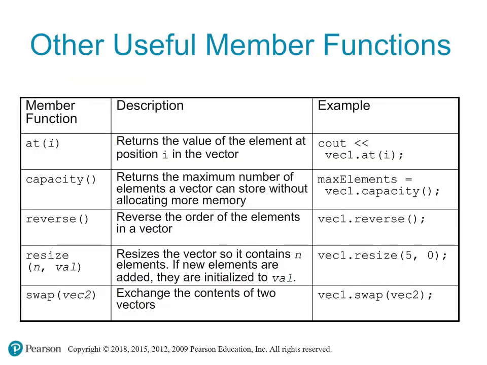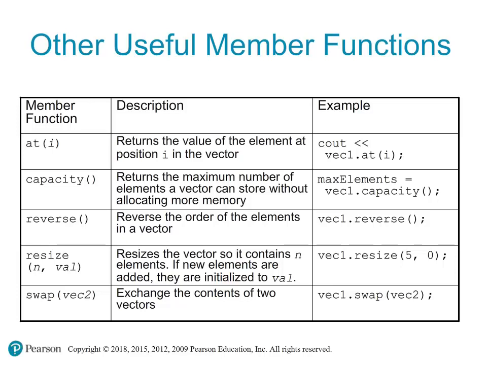The vector class provides several useful member functions to manipulate and query the state of vectors. So at, round parenthesis i, returns the value of the element at position i in the vector. Capacity returns the maximum number of elements a vector can store without allocating more memory.